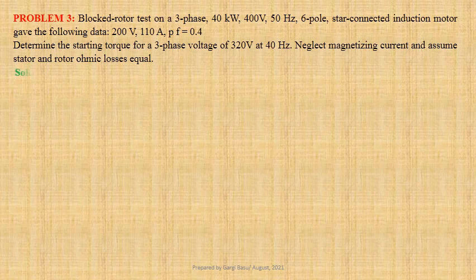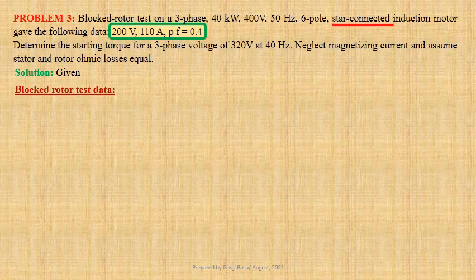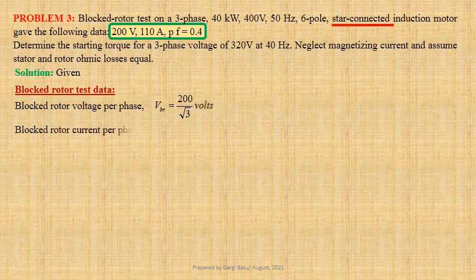Let us first write down the given blocked-rotor test data. Since the stator is star connected, blocked-rotor voltage per phase VBR equals 200 by root 3 volts. Blocked-rotor current per phase IBR equals 110 ampere and power factor cos phi BR equals 0.4.